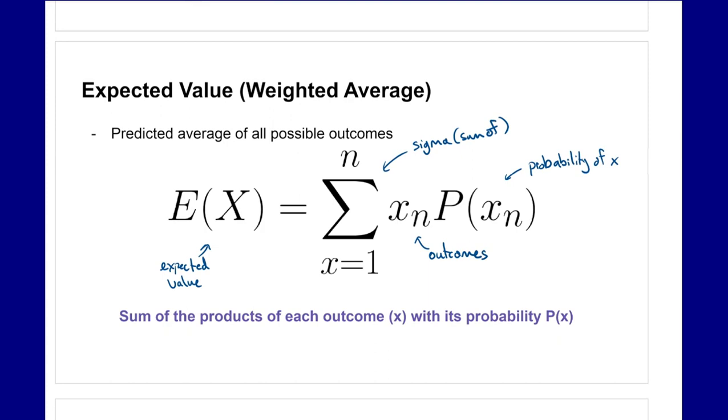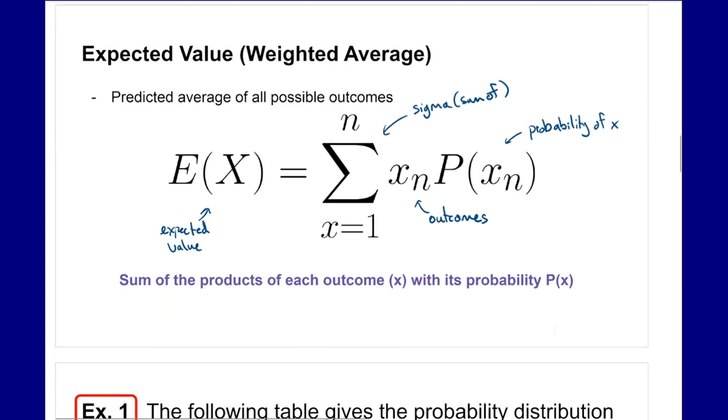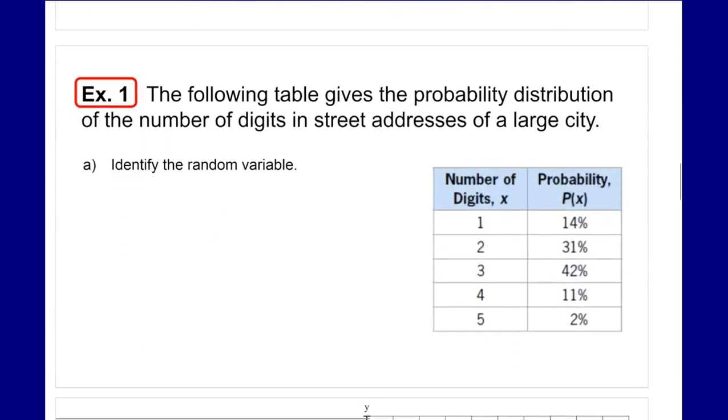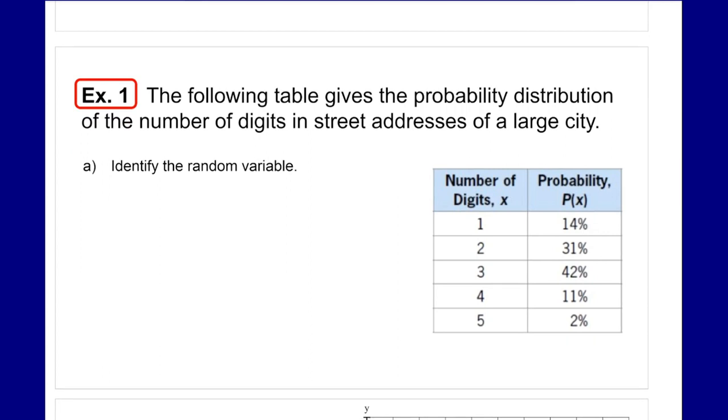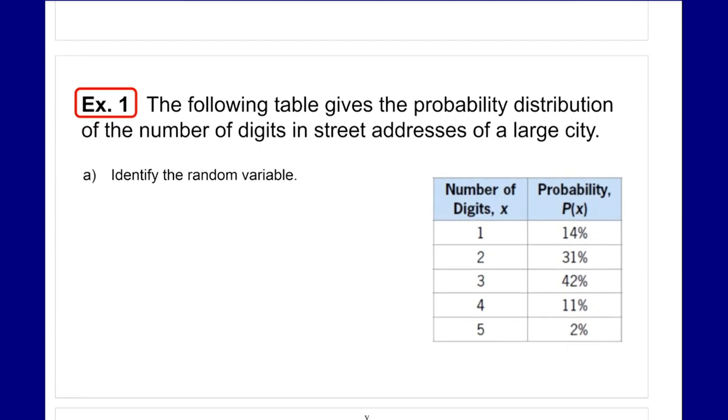We'll be looking at scenarios that walk through this. For example, the following table gives the probability distribution of the number of digits in street addresses in a large city. So if you're looking at the address, how many numbers could there be? 1, 2, 3, 4, or 5. First, what is the random variable?